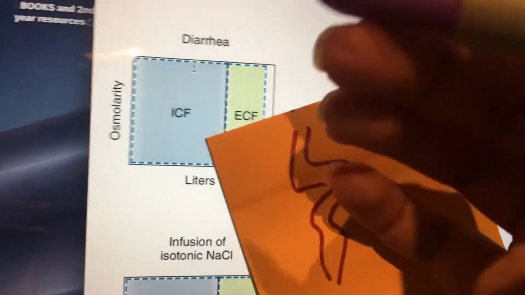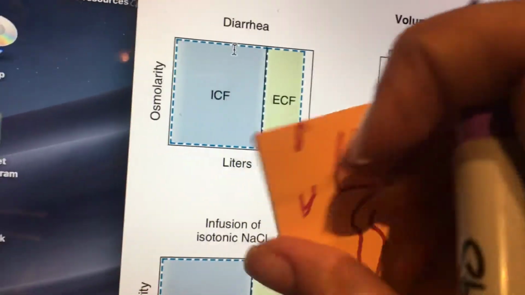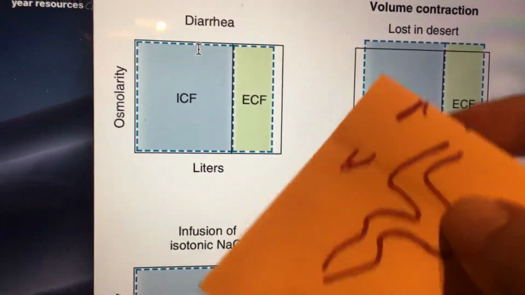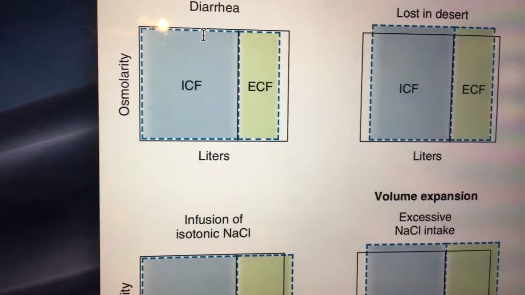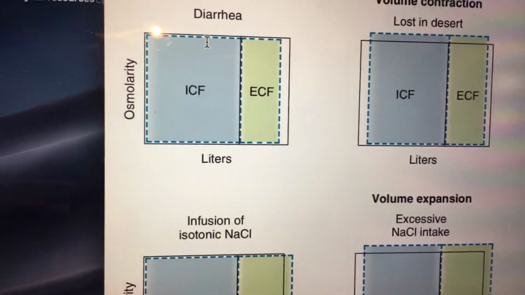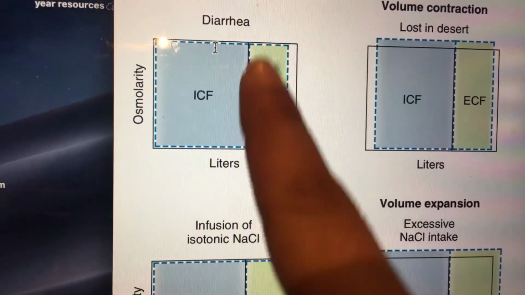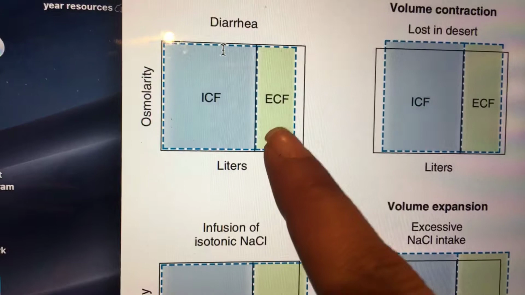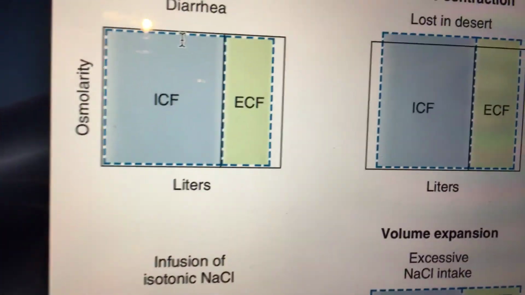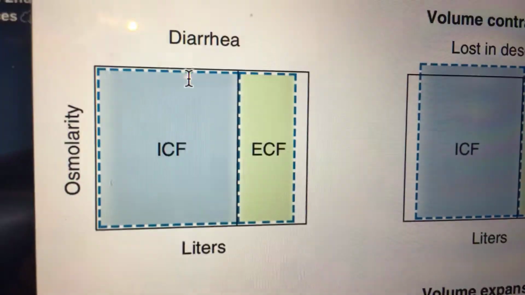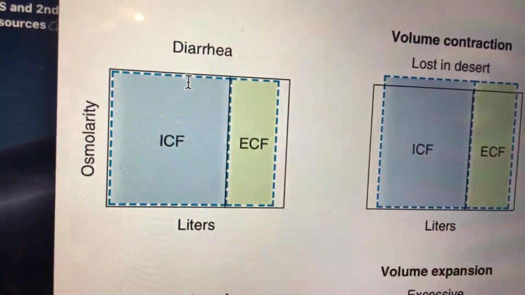And both ways, in vomiting and diarrhea, you are losing isotonic, so isoosmotic, fluids, okay? Because you kind of just lose whatever you have. And this is because the extracellular fluid osmolarity is the same as the osmolarity of the GIT, okay? And why is it contraction? Because obviously you're losing fluids, okay?